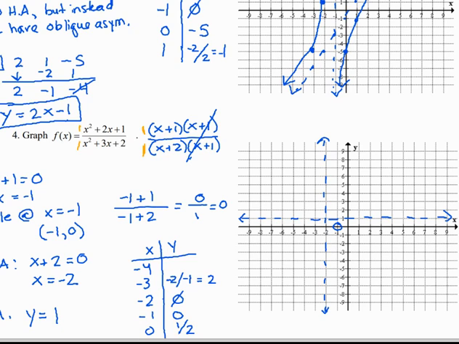And if I plug in a negative 4, we would have negative 3 all over negative 2, which is 3/2. So negative 4, 3/2, negative 3, 2. At negative 1, we are at 0, and at 0, we're at 1/2.